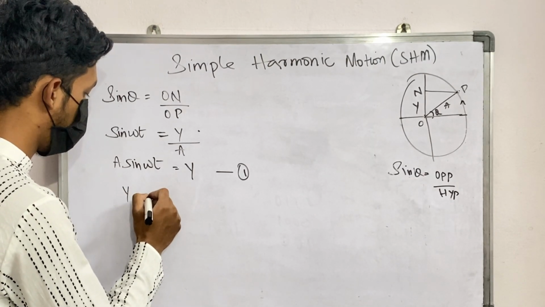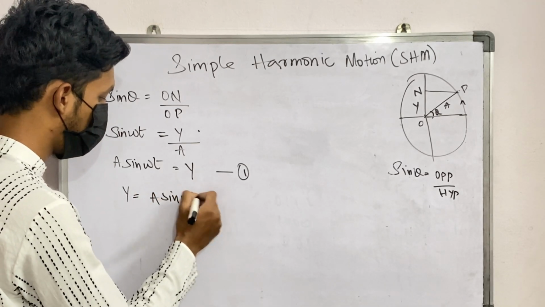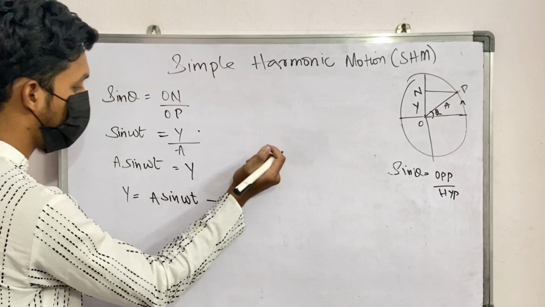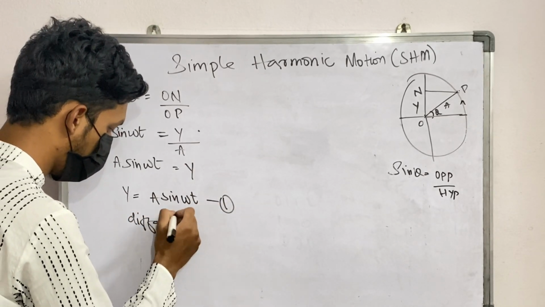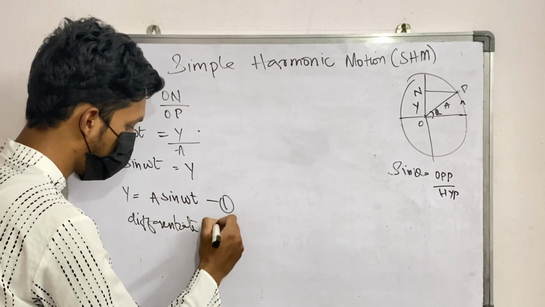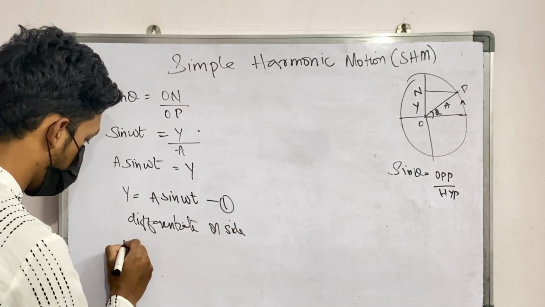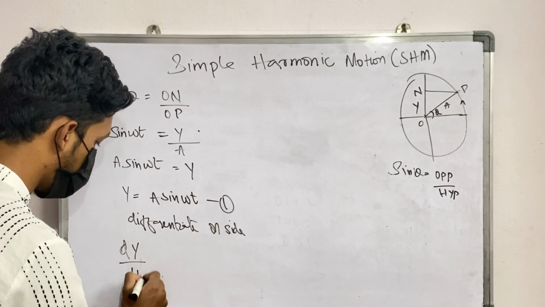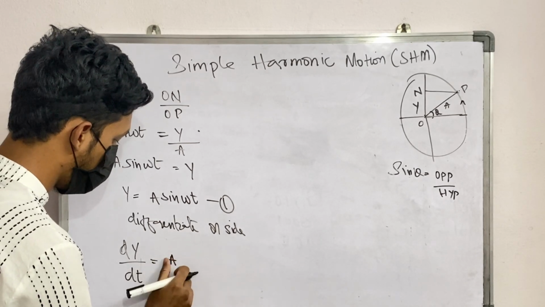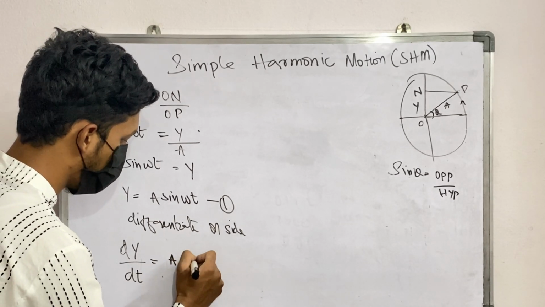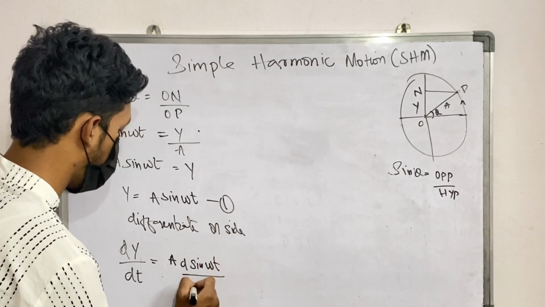y is equal to a sine omega t. So we say that this is equation 1. Now differentiate on both sides with respect to t. So dy by dt is a, written outside, d sine omega t by dt.